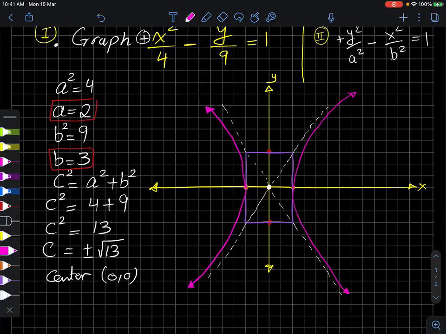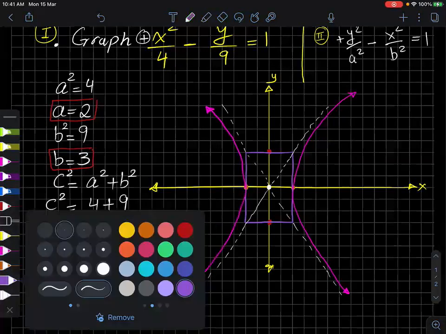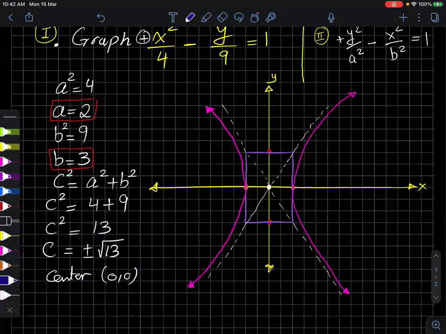Okay, excellent. Now, guys, how do we write our foci? The foci, we said, from the center we move radical 13 along the transverse axis. Where's the transverse axis?